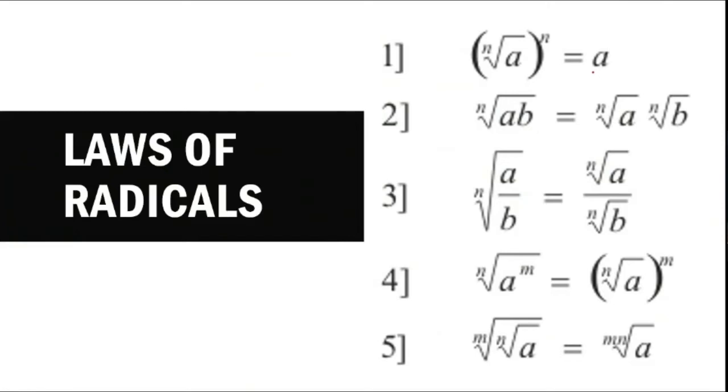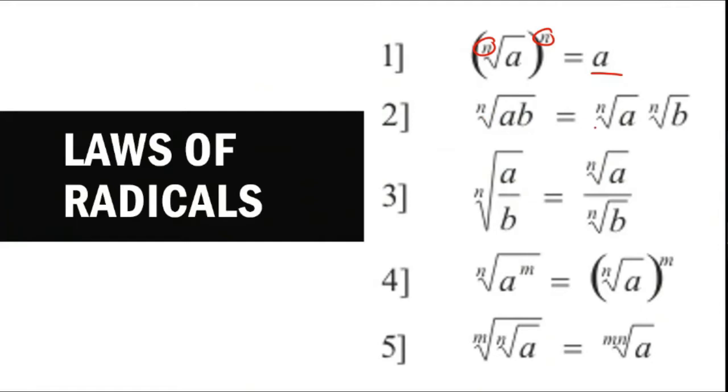So basically this will be the fundamental law that we could use in simplifying radicals, because when we have an equal power and an equal index, we can eliminate the radicals, and we have the answer, which is a.